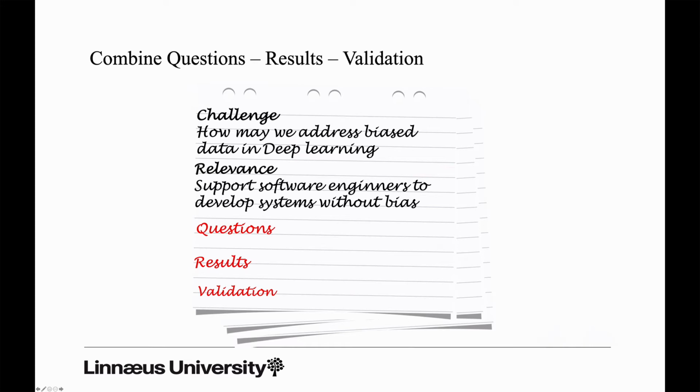You know, for instance, if you have an automated selection tool for job applications, and you use data to train that system that is biased, well, of course, the resulting system will also reflect that bias. So how can you address biased data in deep learning?